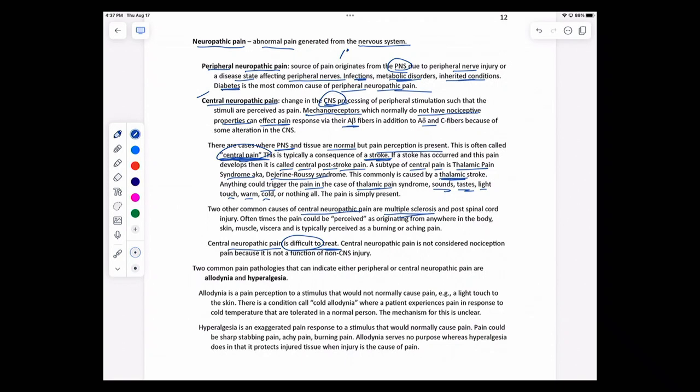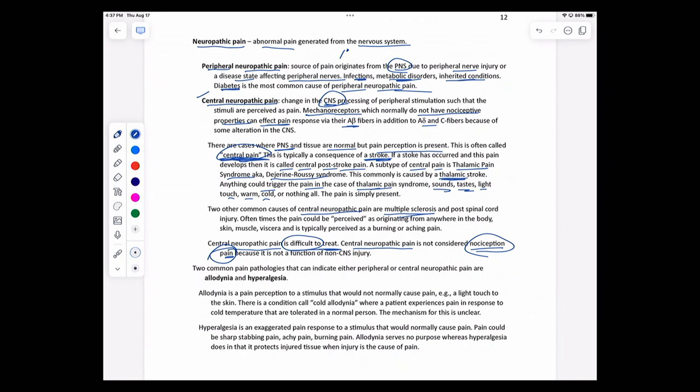Again, just a definition here, central neuropathic pain is not considered nociception pain. Nociception pain is pain associated with tissue that is causing a pain response. So if the person is having central neuropathic pain, that is not nociception pain.